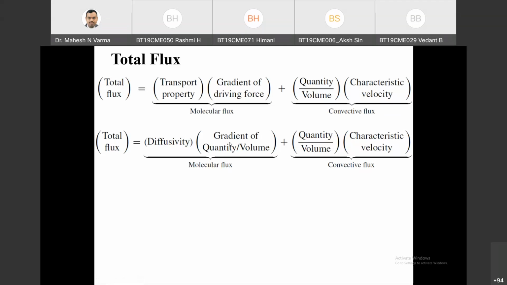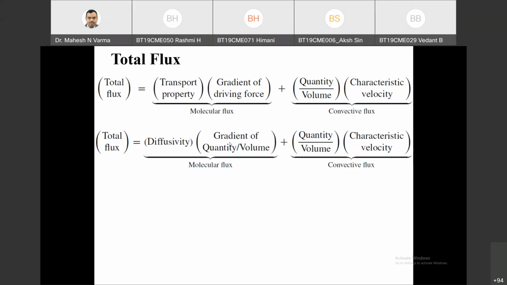It is dCA by dy, say d rho by dV, quantity per unit volume.